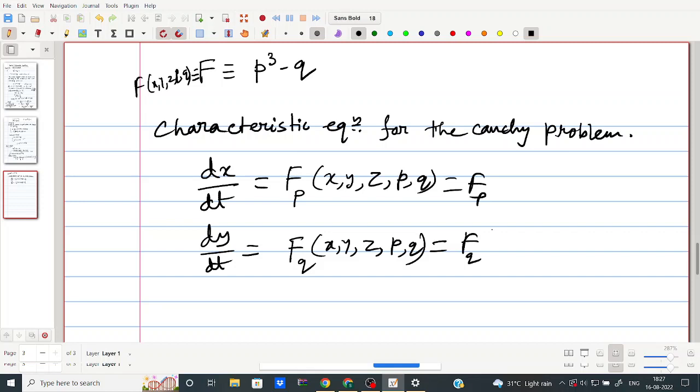Can you tell? d/dx is fx plus del f/del u into del u/del x. Fx plus fu, and del u/del x means p. So you have to write dp/dt is minus of the differentiation with respect to x of f.